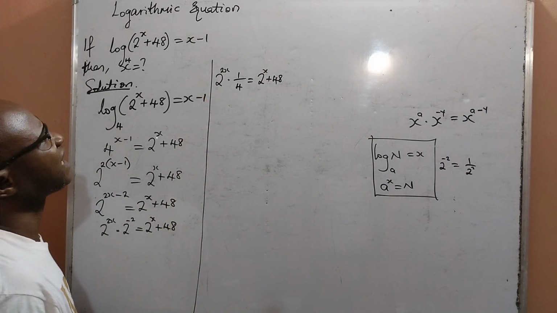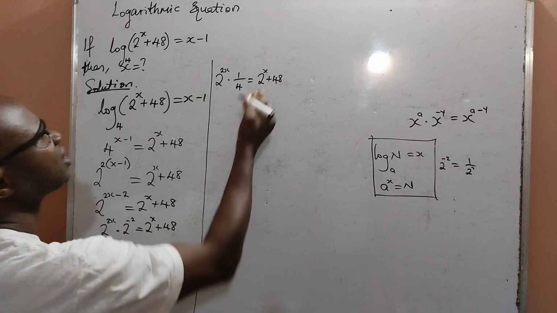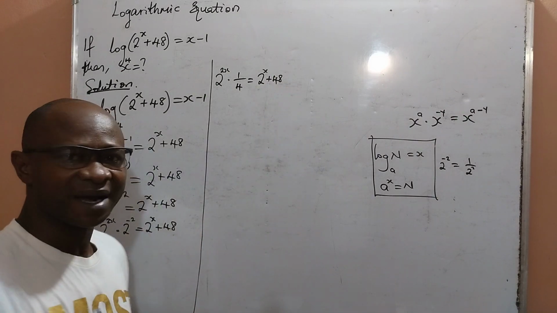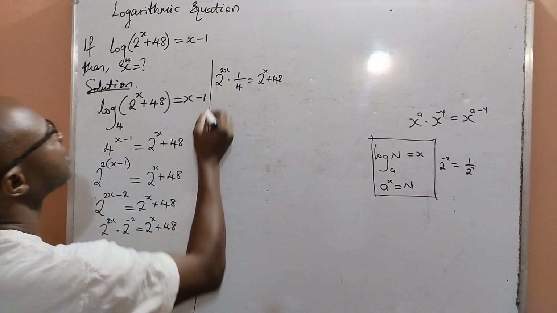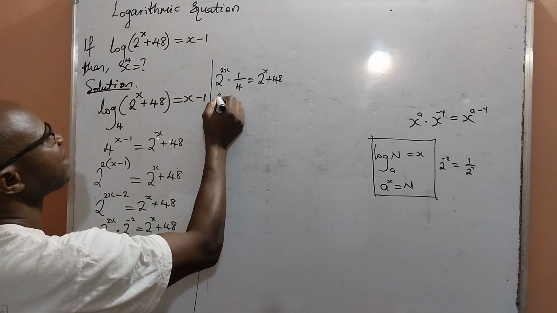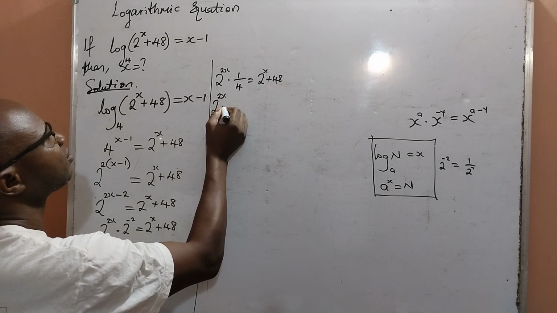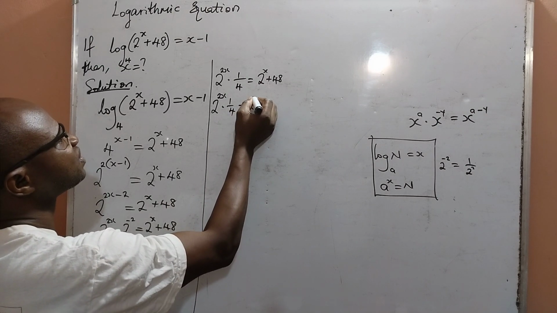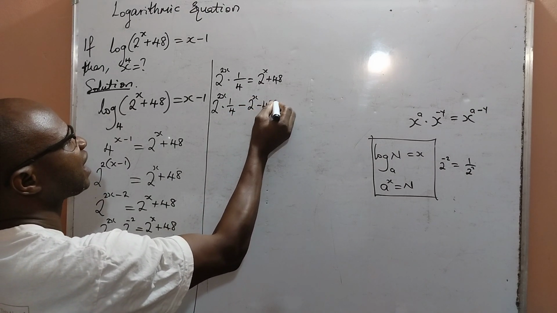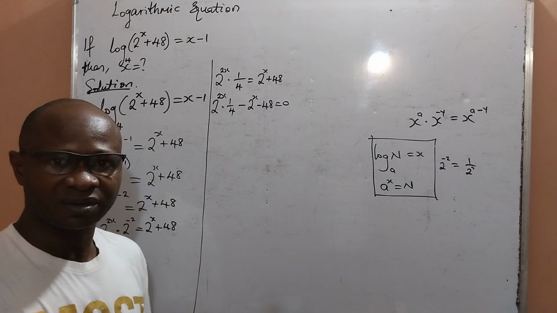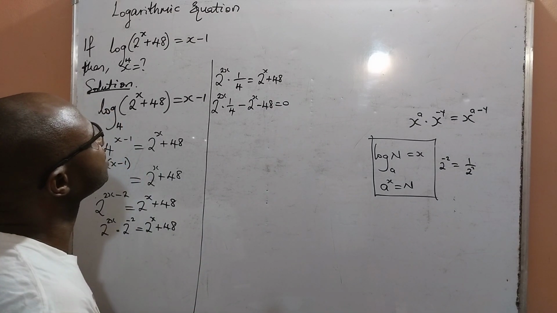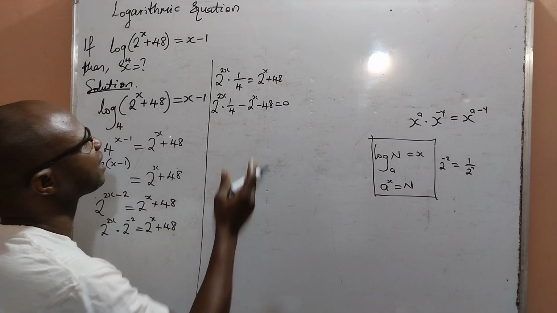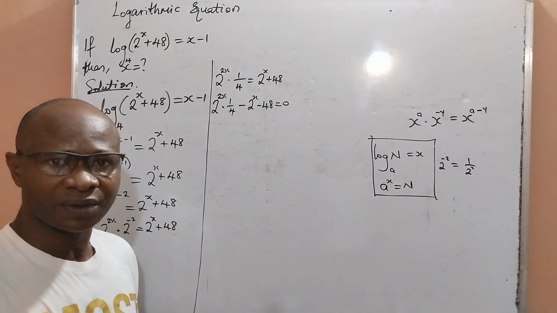This implies that I can move everything from the right hand side to the left hand side to get 2 raised to the power 2x, multiplied by 1 all over 4, minus 2 raised to the power x minus 48 is equal to 0. At this point, I can multiply everything in the equation by 4.